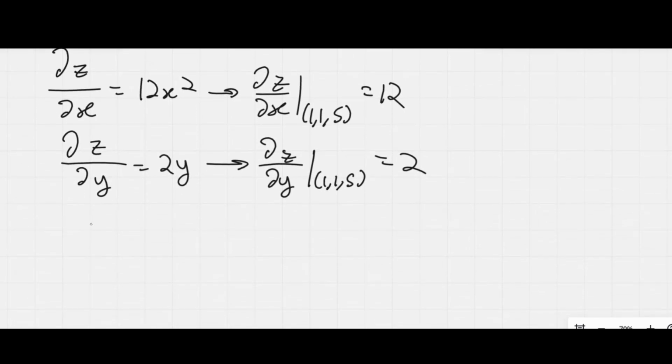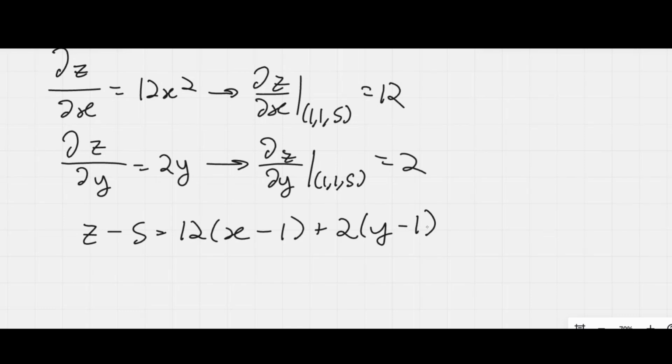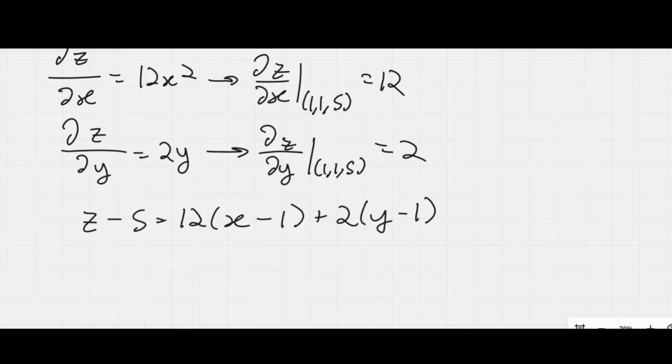So using the general equation of a tangent plane, we can say that z minus 5 is going to be equal to 12 times (x minus 1), using the x-coordinate of our given point, plus 2 times (y minus 1), the y-coordinate of our given point.